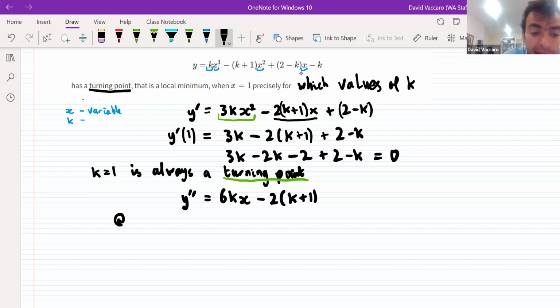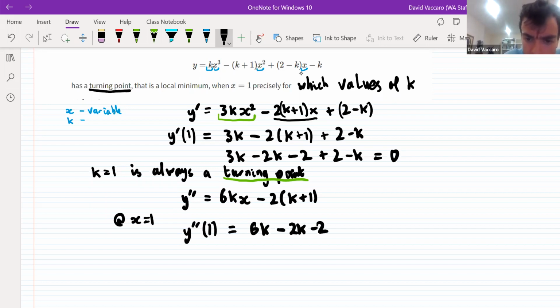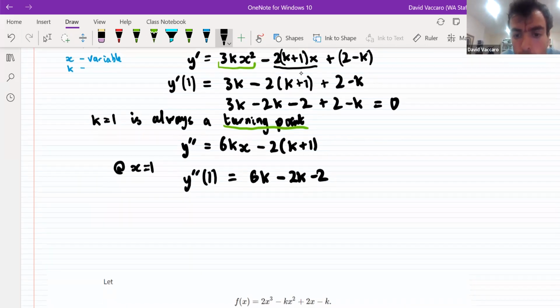And now at x equals 1, because that was where the turning point is, we evaluate y double dash of 1, which is equal to 6k minus 2k minus 2, which is 4k subtract 2.